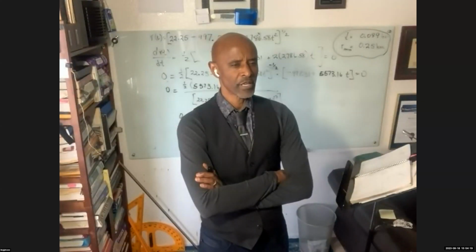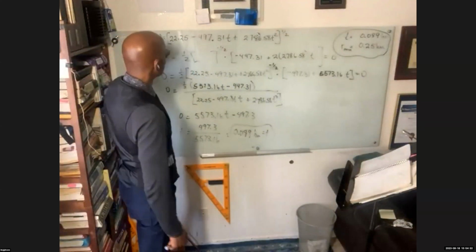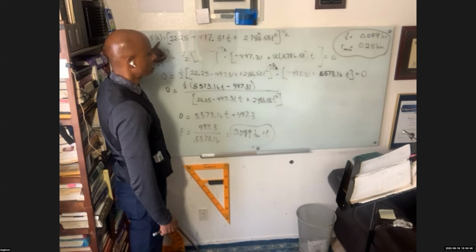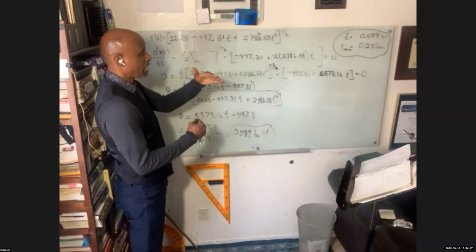There was someone else about to ask a question. I thought I heard someone else. Yeah, it was me, Professor. I wanted to ask, where did you input the time? You put it back into this equation for R of t that you have, the one that you took the derivative of. You have to put it back into that equation. Oh, okay. Because that's the equation that defines that line between the two.